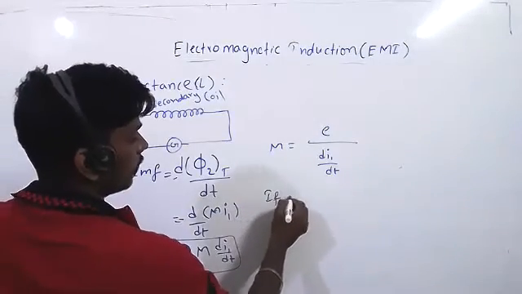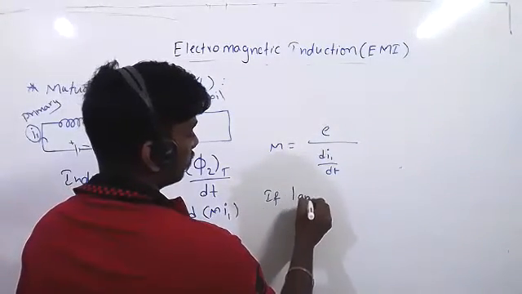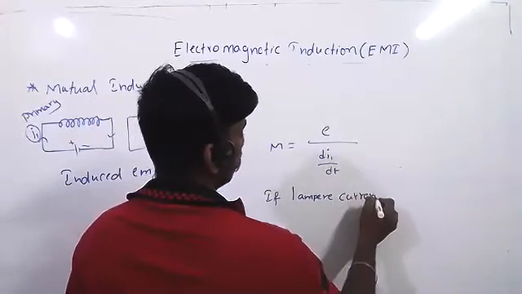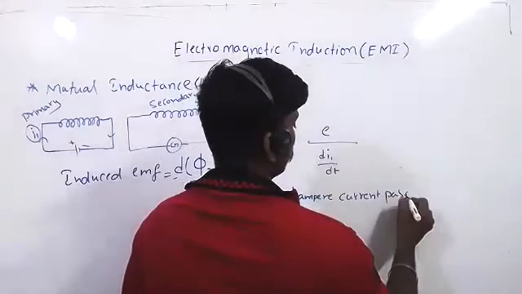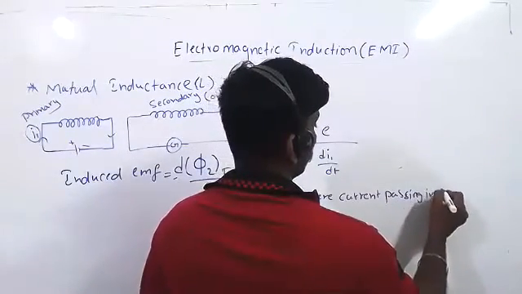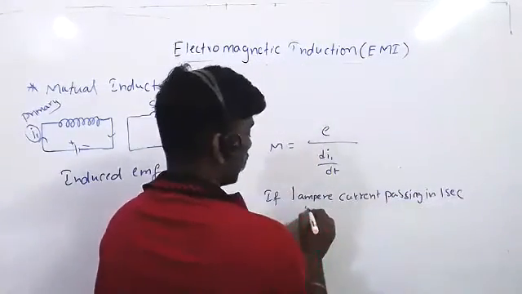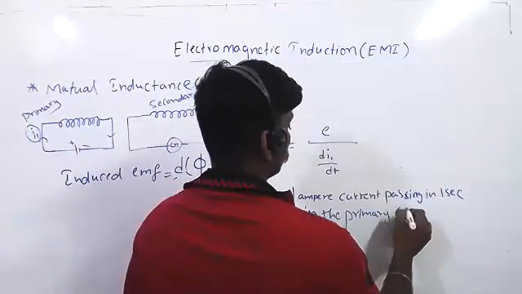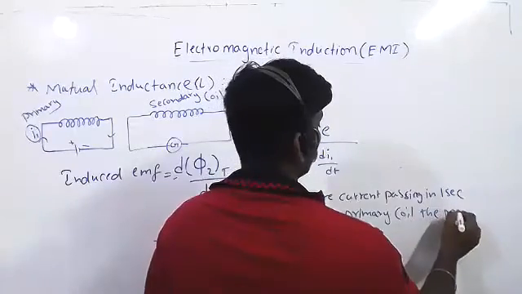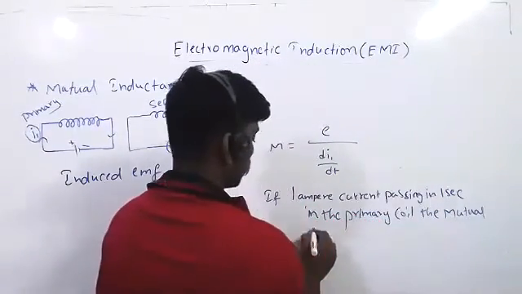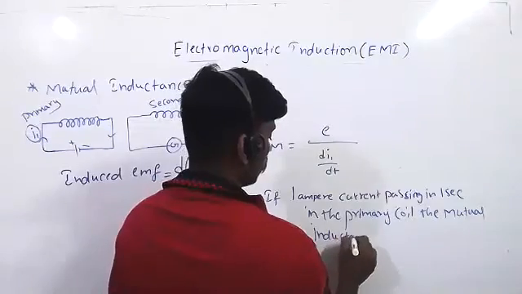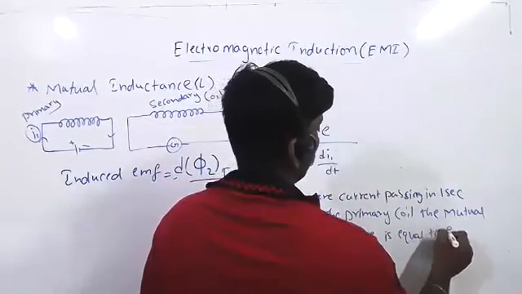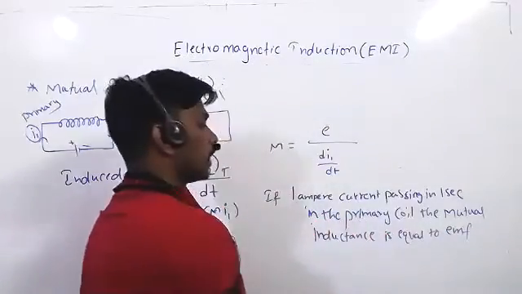If 1 ampere current is passing in 1 second in the primary coil, then mutual inductance is equal to the induced EMF.